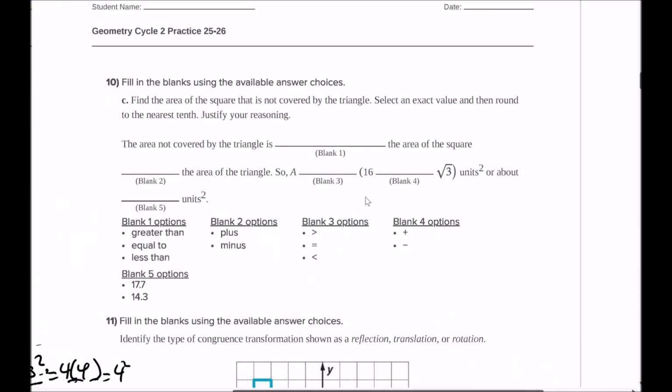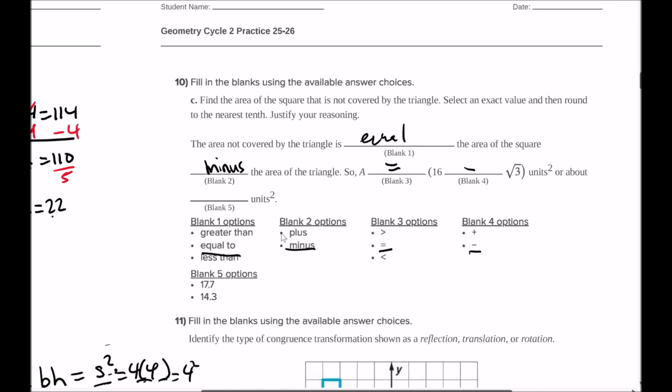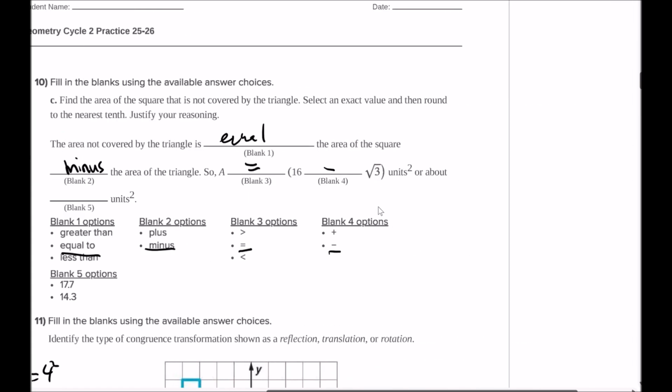So the area not covered by the triangle is equal to the area of the square minus the area of the triangle. All right, so A is equal to, I'm going to use that blank, 16 minus square root of 3 units squared, or about, so now we're going to need to do this on the calculator, right?